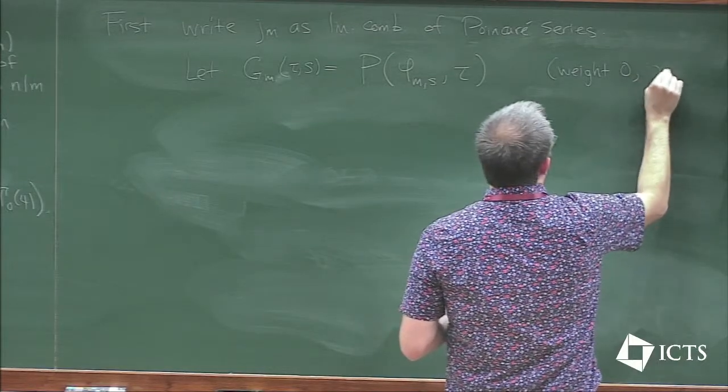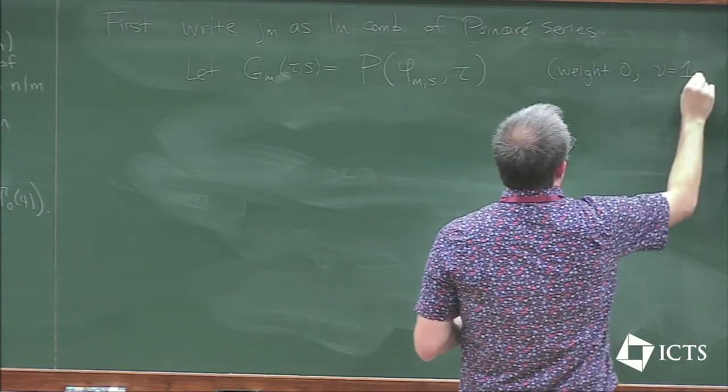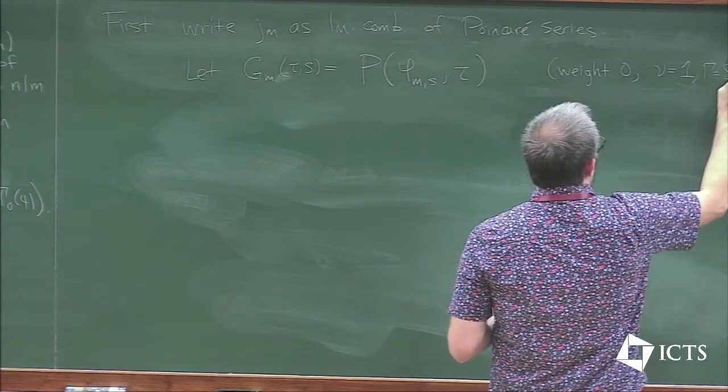Let's see, the multiplier system is trivial, and the group is SL2Z.